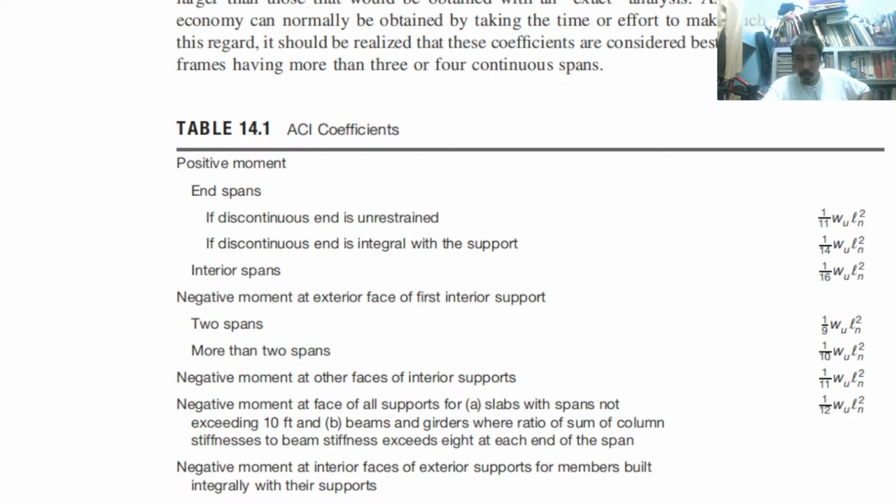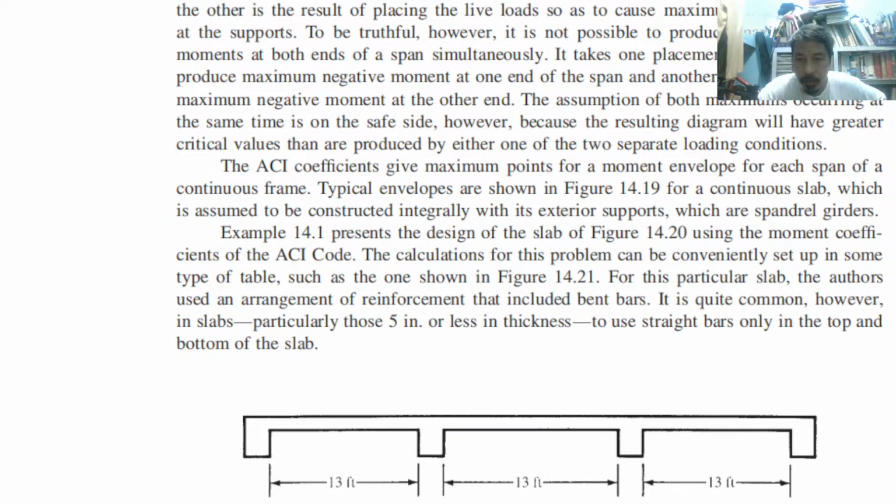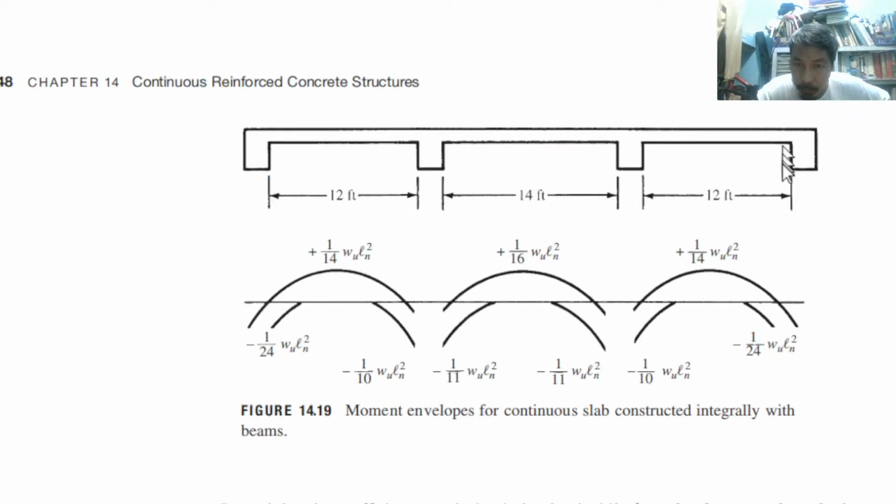So, just like I told you, if this is a column, then this is not 1 over 24. This is 1 over 24 because this is actually a beam support. These four are beams supporting the slab.